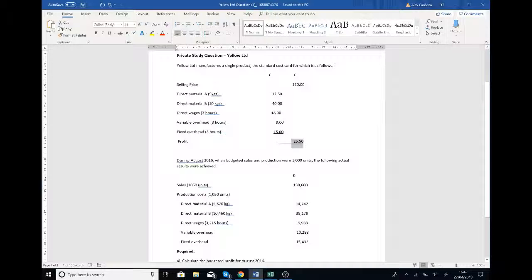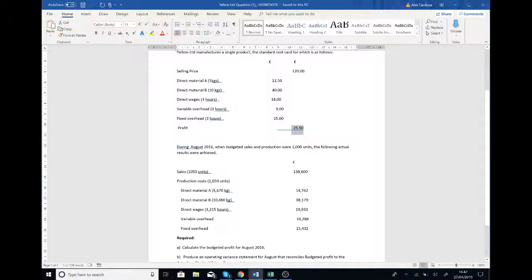25.5. So your budgeted profit, it says here, during August 2016, when budgeted sales and production were 1,000 units, the following actual results were achieved.